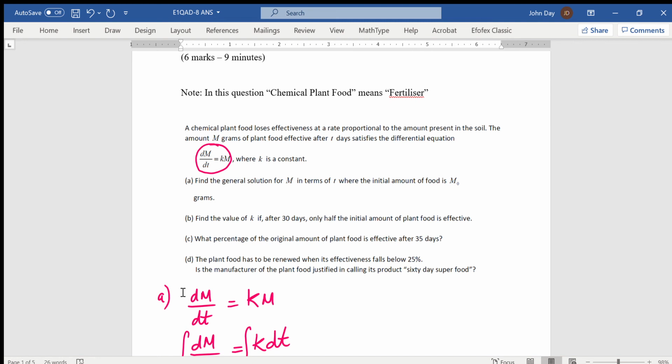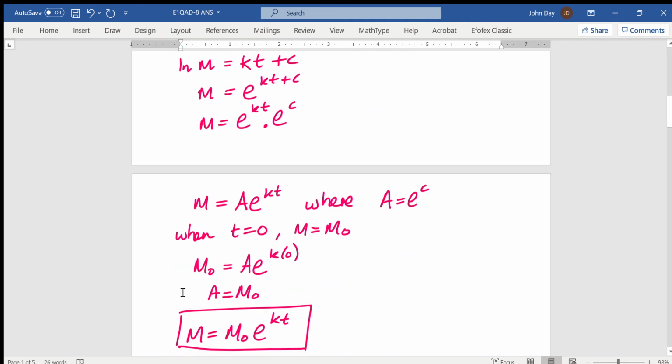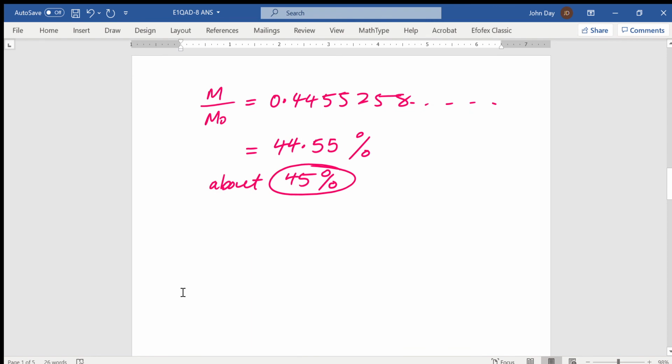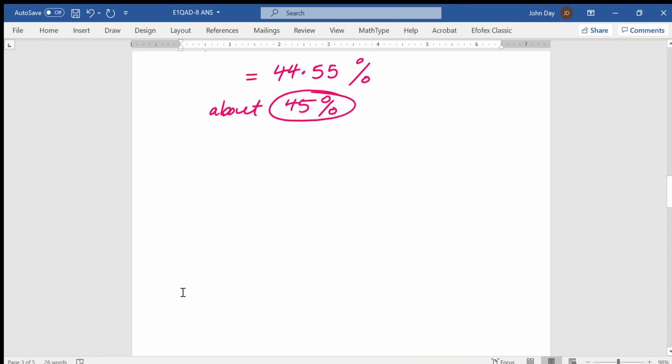If it does, then it's supposedly okay, but it's got to be renewed if it falls below 25%. So it could even equal 25% at the 60-day mark. So let's just, it's sort of like we're reversing that question we just did.